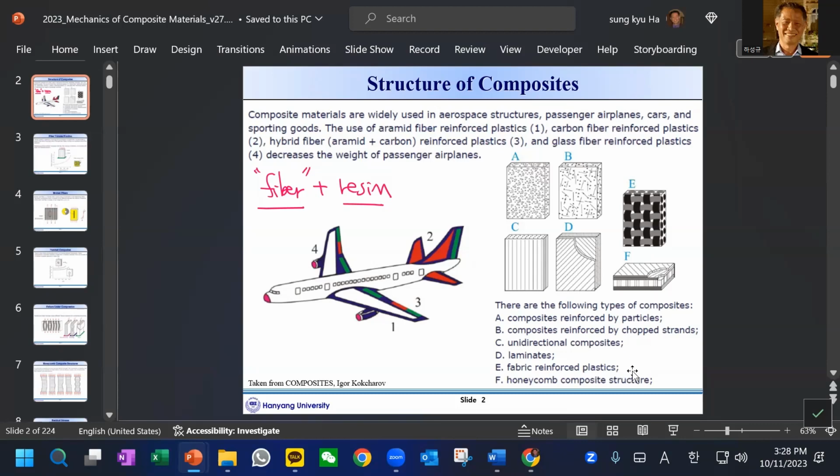So E is the woven fabric, and F is the two skins, where each skin will have a laminate, but mostly in the center we have a honeycomb structure. The honeycomb structure is to support especially the bending load, because the bending stiffness is well above that of regular structures. Okay, this is the structure of composites, and composites can be many different forms.